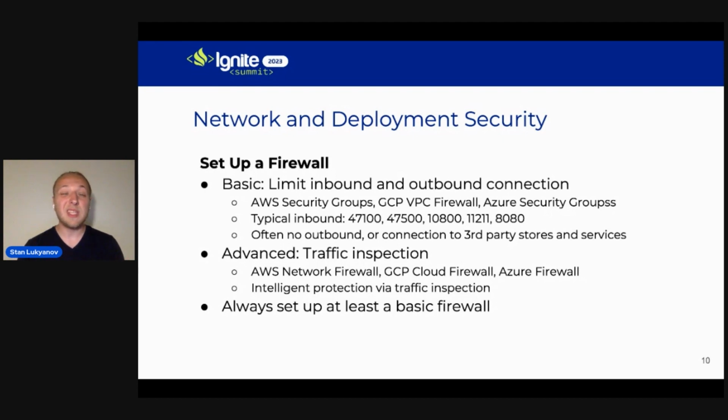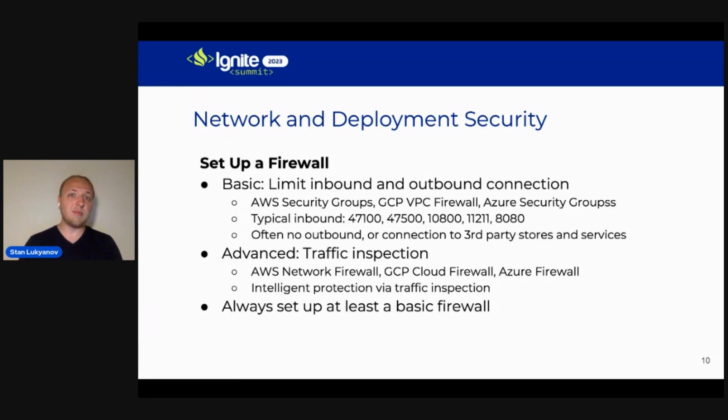There are basically two levels of firewalls that you can set up in most cloud environments. The basic level would be what AWS calls security groups, and Azure also says security groups, and GCP has a different name for this. It's basically limiting what connections can be established inbound and outbound for the cluster.